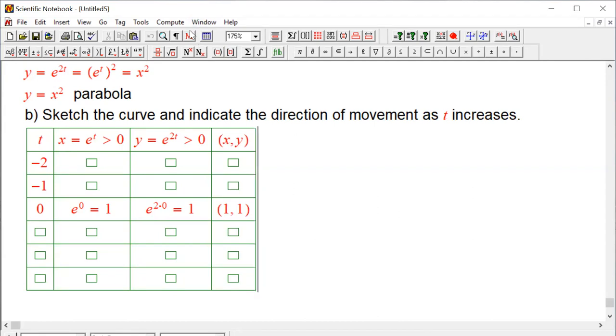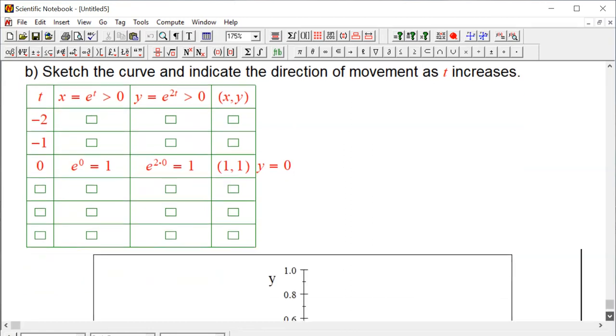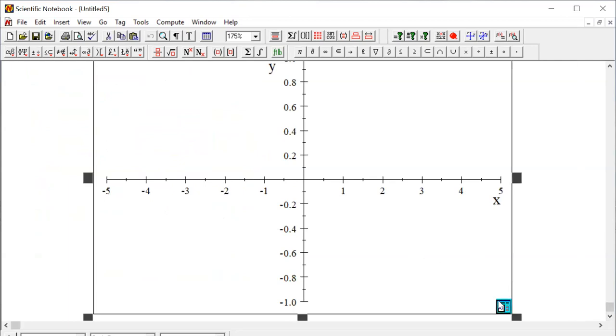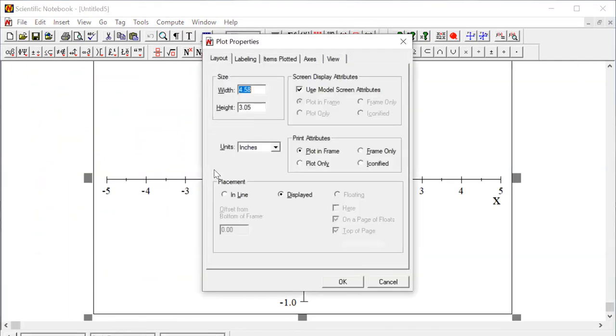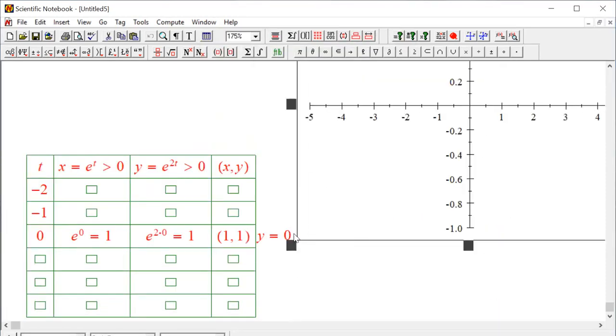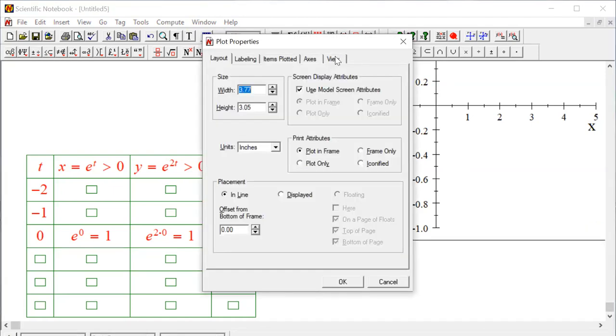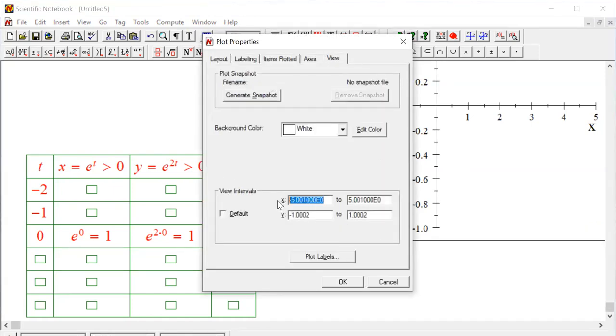Okay, so let's set up the rectangular system and make some adjustment to the view.